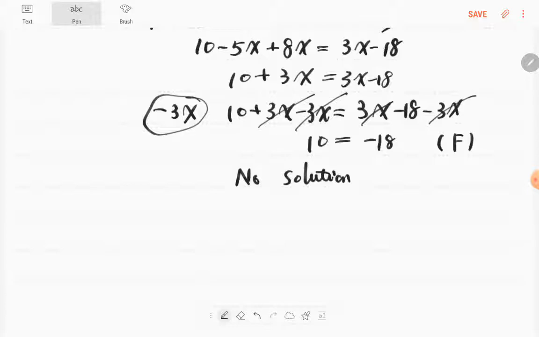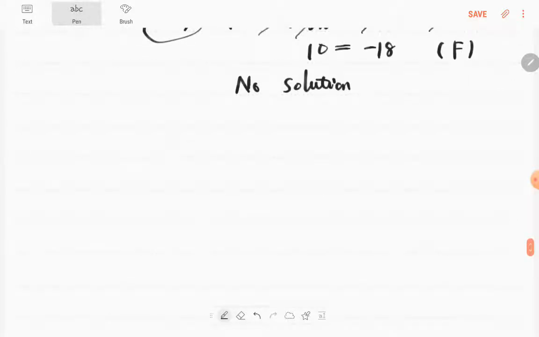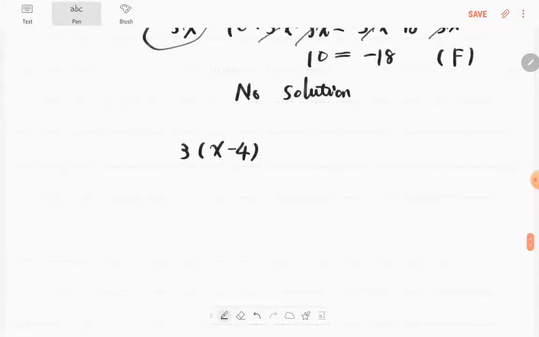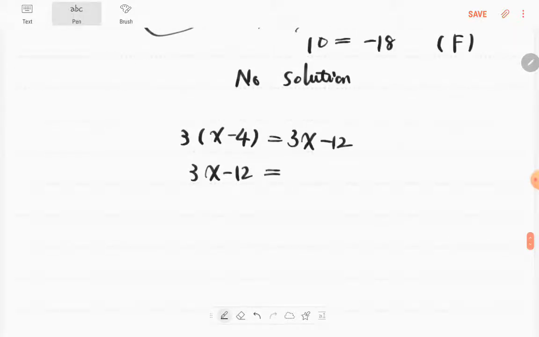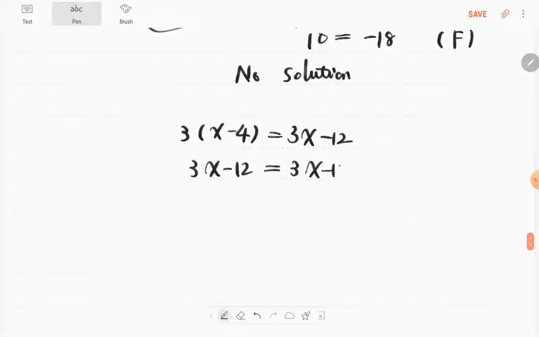Okay, let's check the last one. This one, we still need to use the distributive rule. After we check the equation, we realize the left side is just the same as the right side.